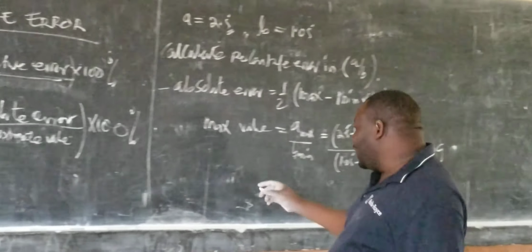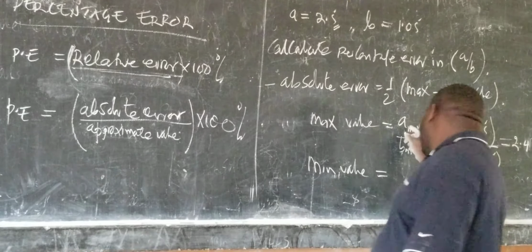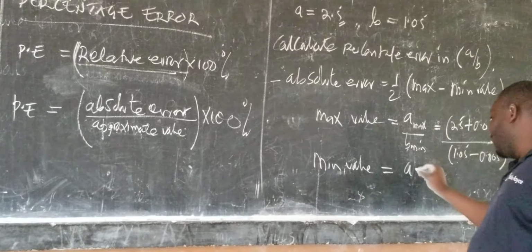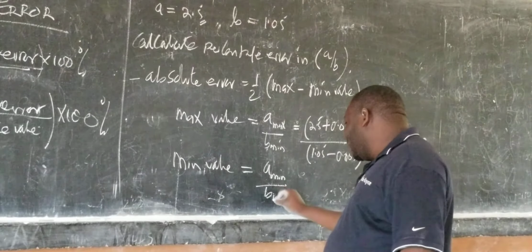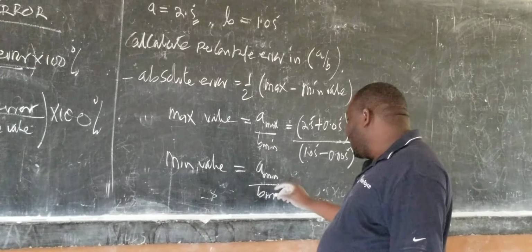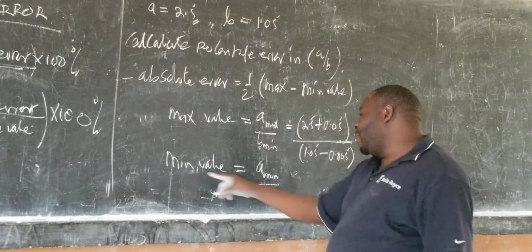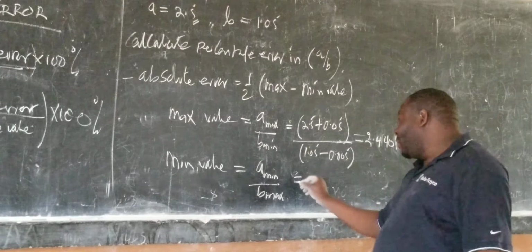Then we get the minimum value of the expression. To get the minimum value, we make A very small, that is A minimum, then we make B very big, that is B maximum. We make the numerator very small and the denominator very big. And how do we do that?